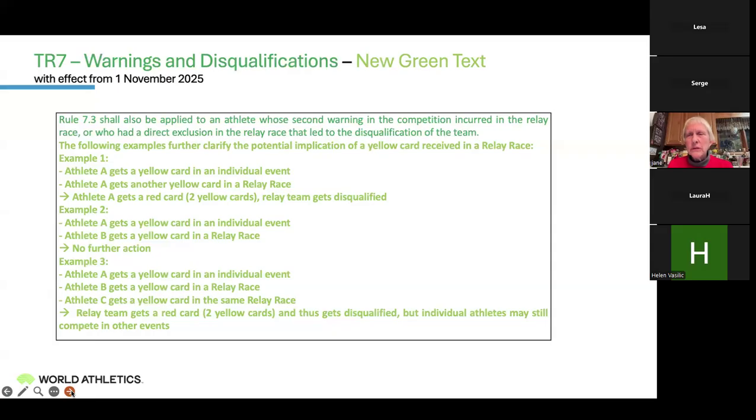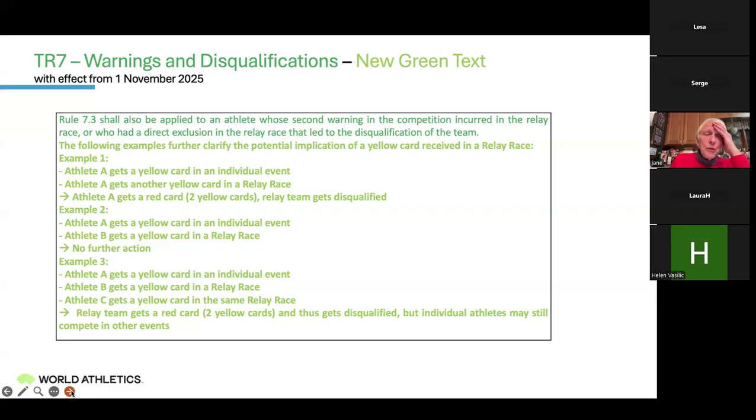For example one, okay. Yes. So the relay team gets disqualified, say the 4x1 gets disqualified, but athlete A is also a participant in the 4x400 relay. So does that team also get disqualified because of athlete A?